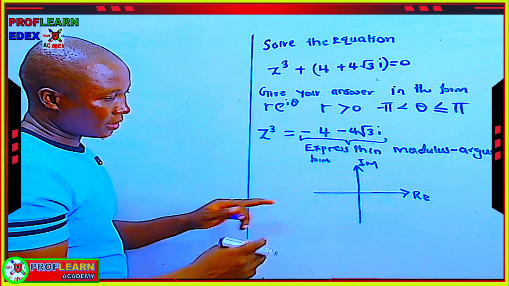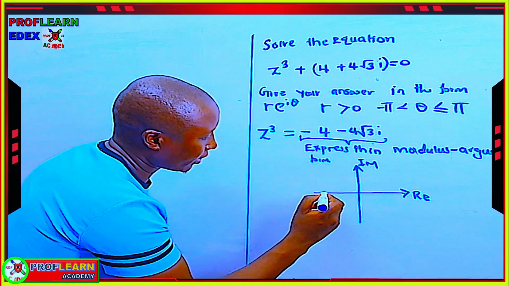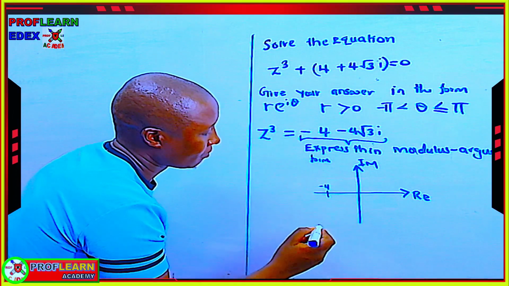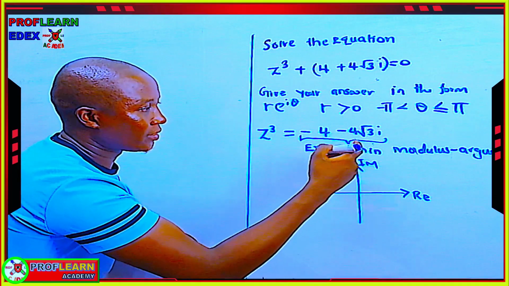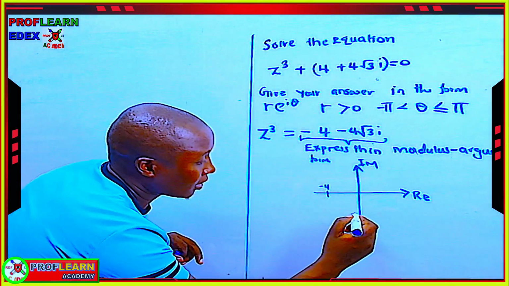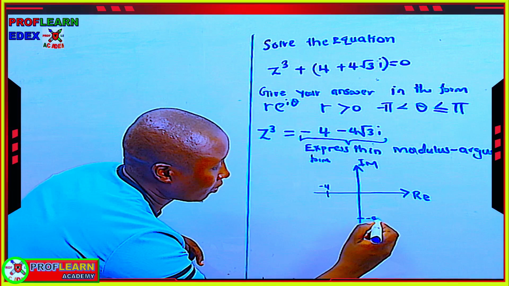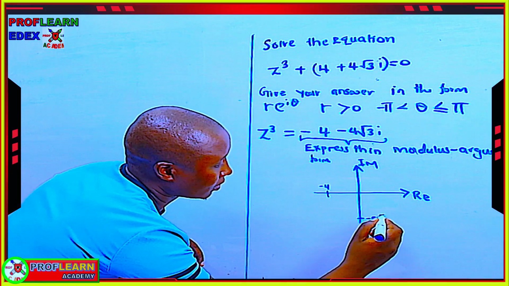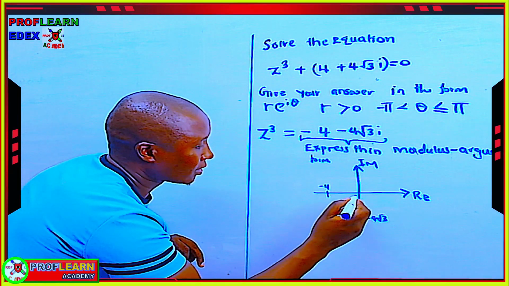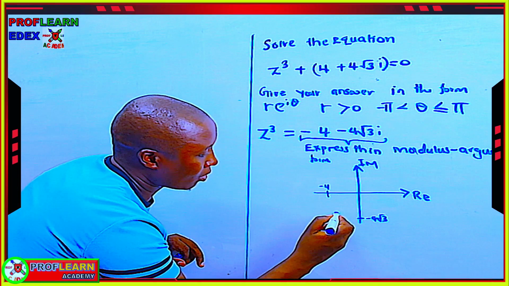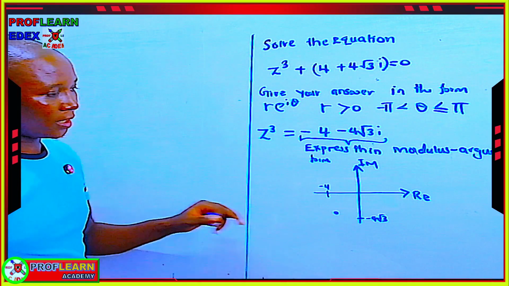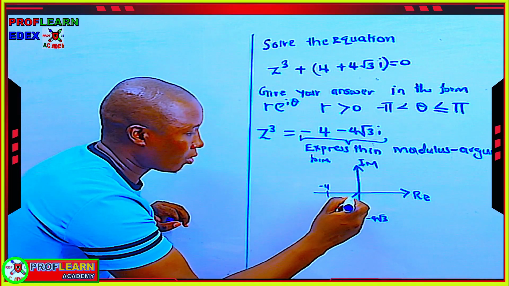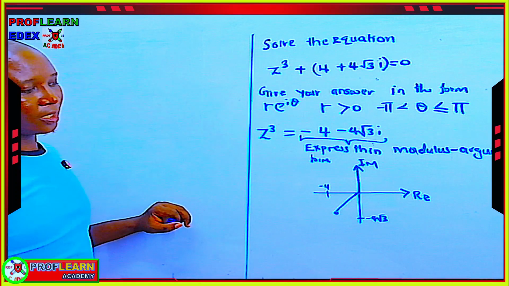In the real axis we have negative 4, so negative 4 will be somewhere here, and we have negative 4 root 3 here, which means our complex number will be down here.